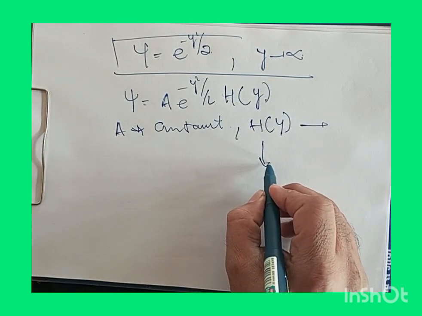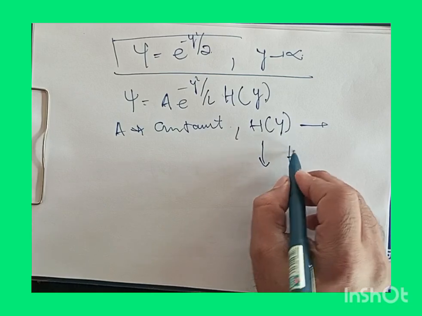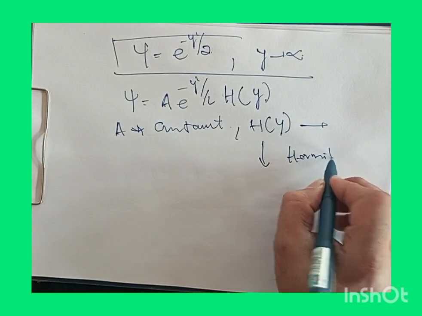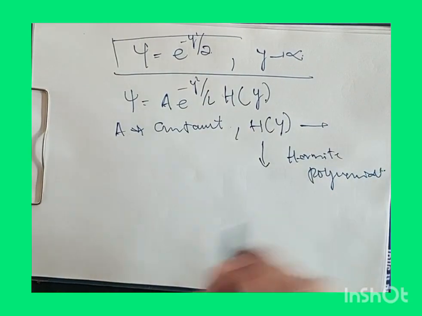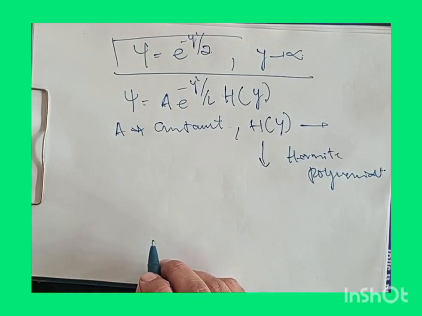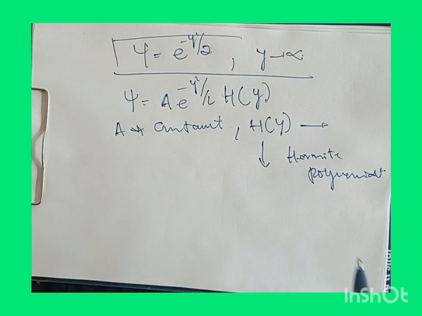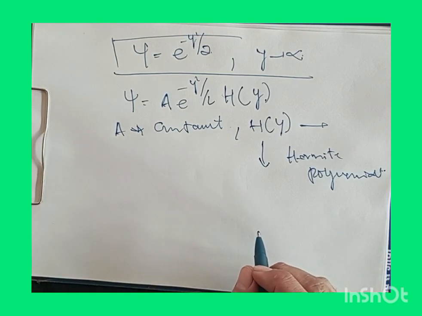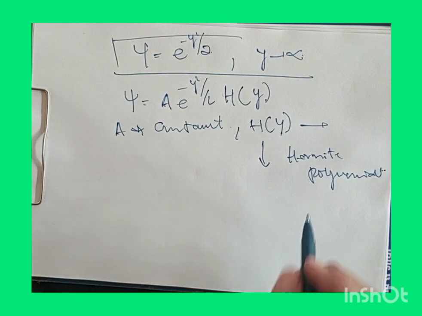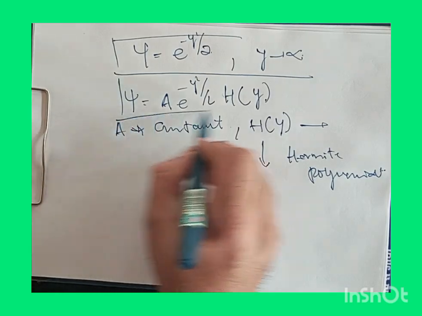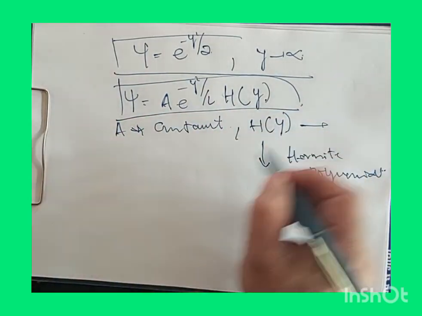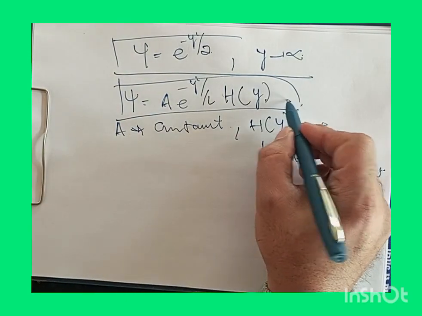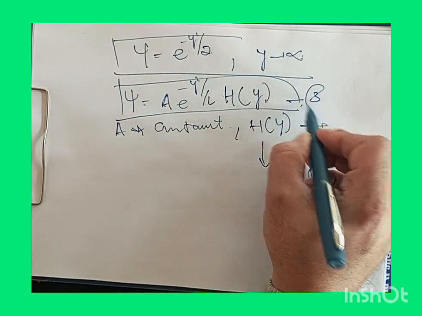This h of y is known as the Hermite polynomial. In order to determine this Hermite polynomial, we would like to differentiate this equation, say this is equation 3.